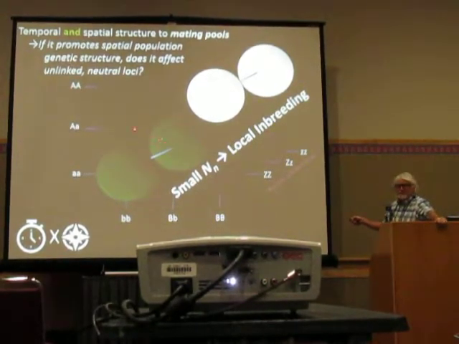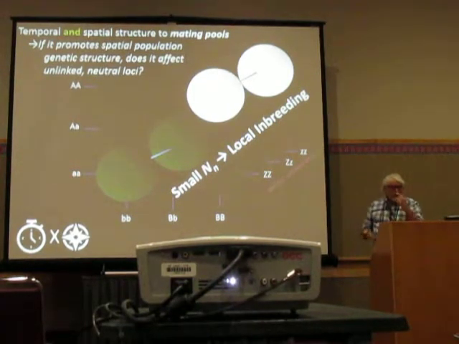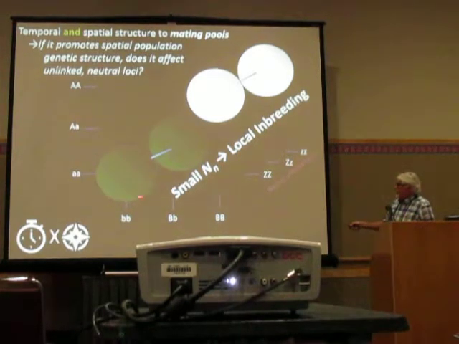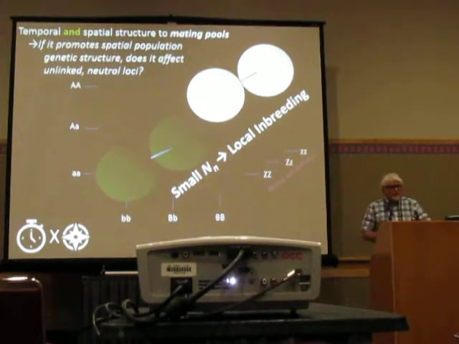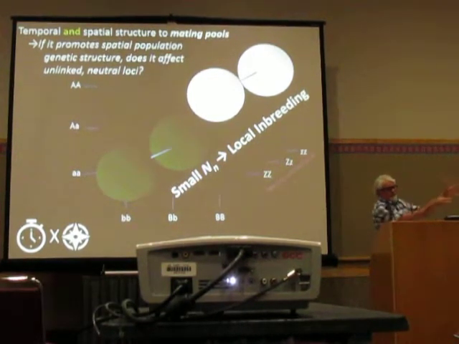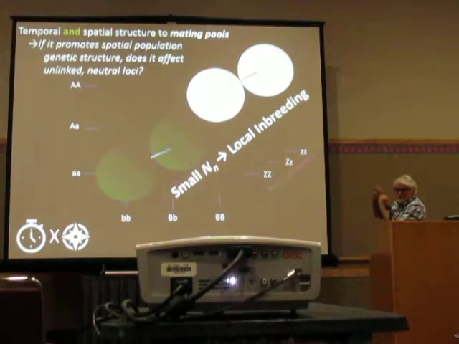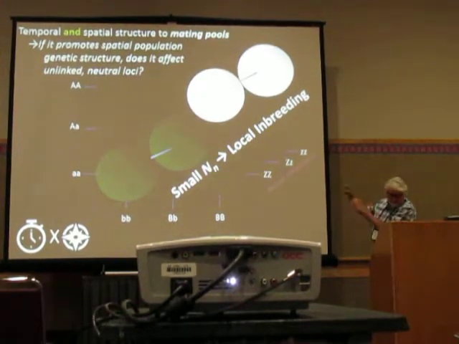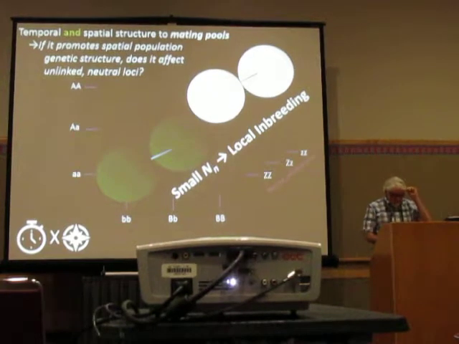You can end up with small neighborhood size, local inbreeding, and these pockets, and you lose the heterozygotes as one little pocket drifts to fixation for one allele, and another little pocket goes to fixation for the other allele.